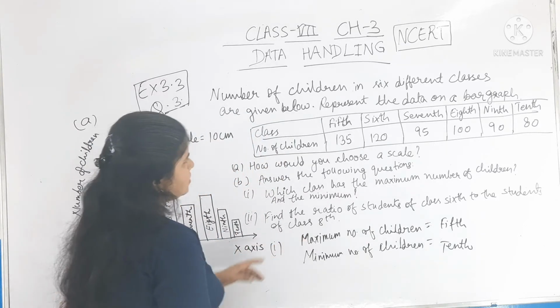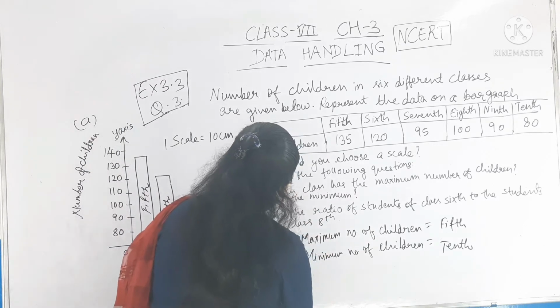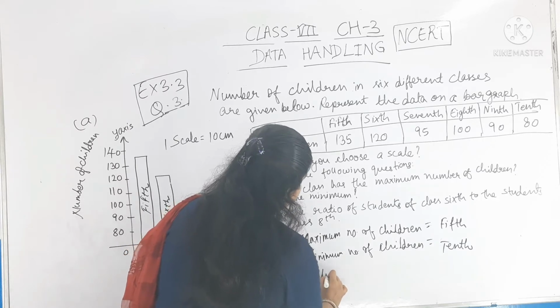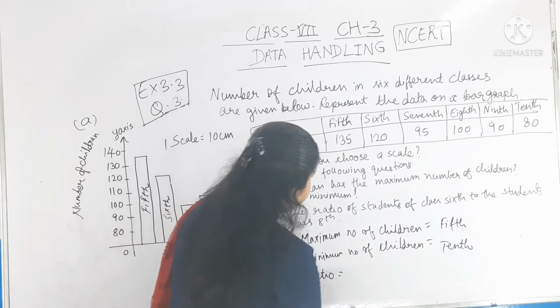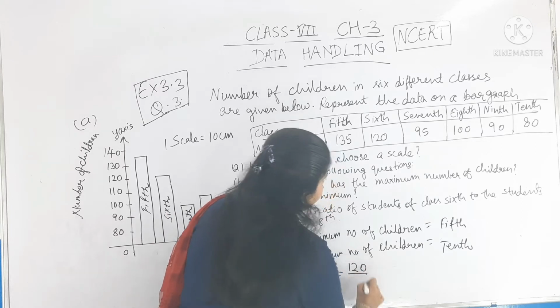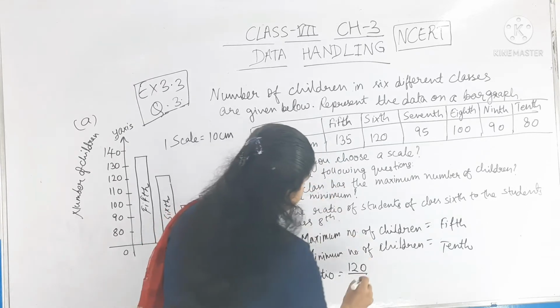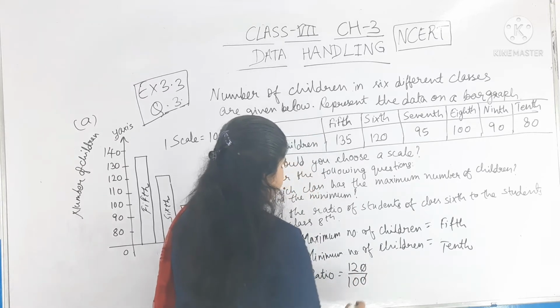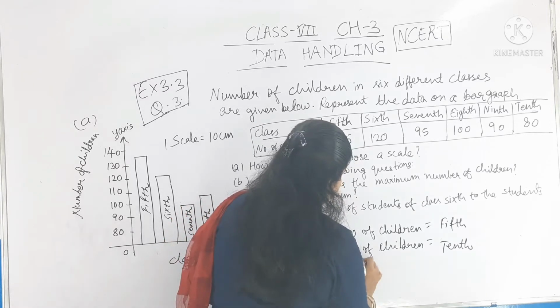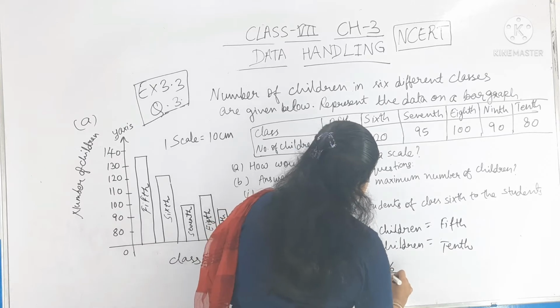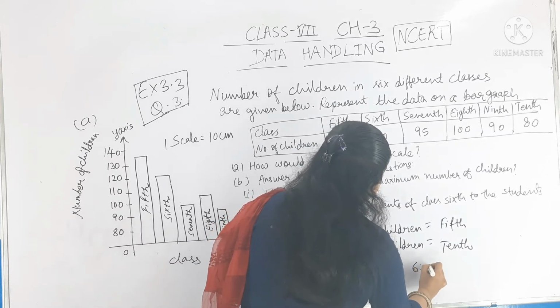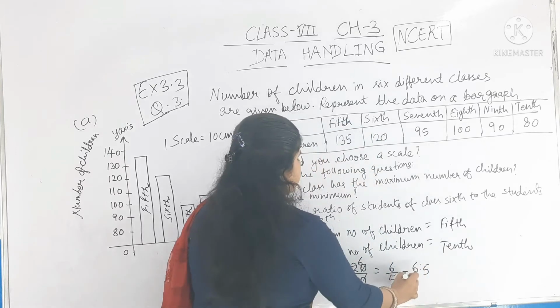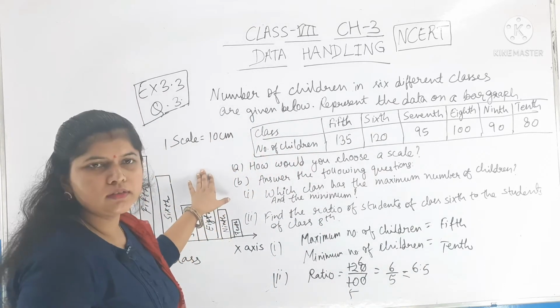So class 6th student ratio is equal to class 6th having 120 and class 8th having 100. So 2 5s are 10, 2 6s are 12. I am getting 6 by 5, that is 6:5 is the ratio. So this is the solution for question number 3.